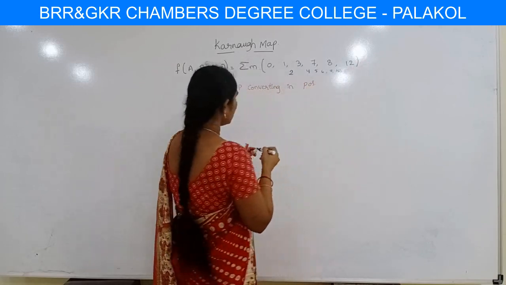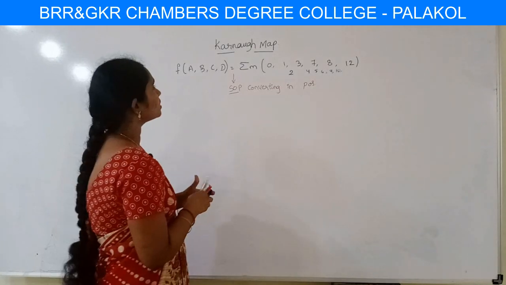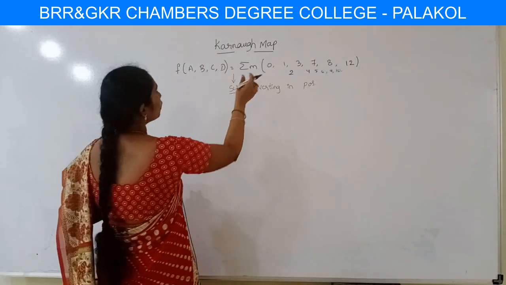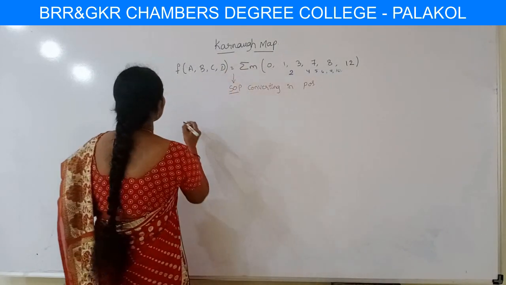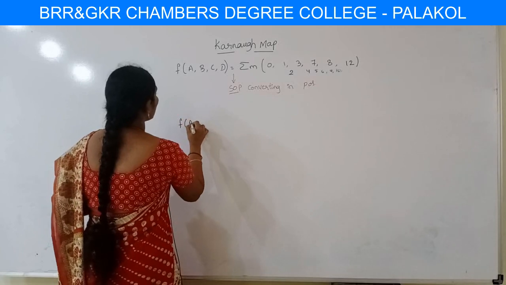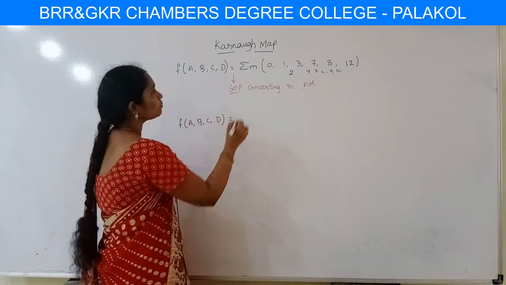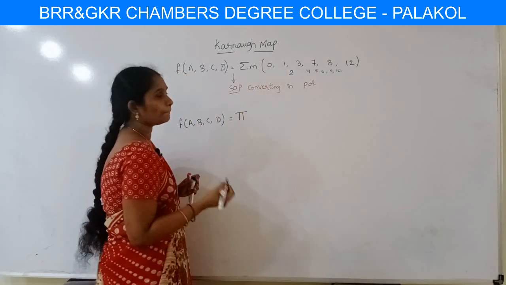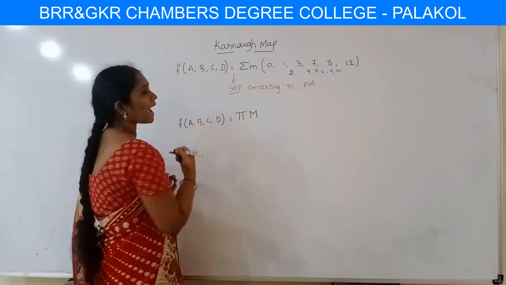So what are the missing numbers? Those missing numbers form the POS form. After converting this SOP form, the POS representation of A, B, C, D is represented with pi capital M, so these are the max terms.